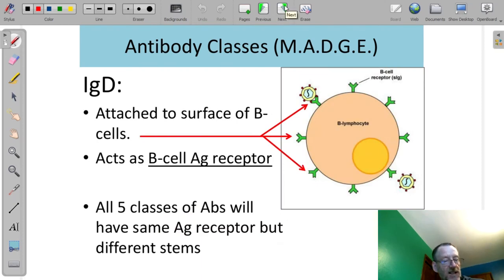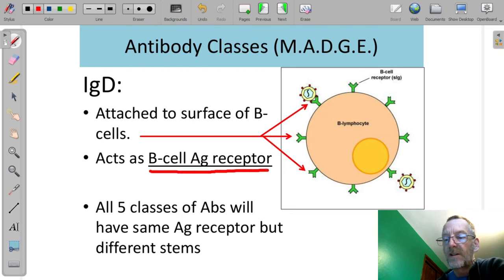And IgD, this is the class of antibody that forms the antigen receptor on the B cells. So it acts as the B cell antigen receptor.